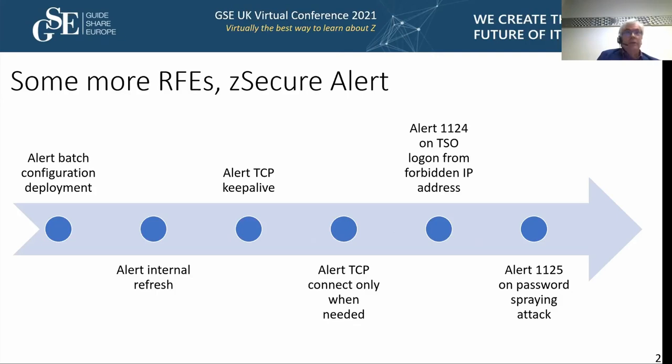Another feature is alert internal refresh. That is about enrichment data. Many SMF records lack a lot of information, like which user ID was doing it. We tie that together by keeping information in what we call the job tag system.